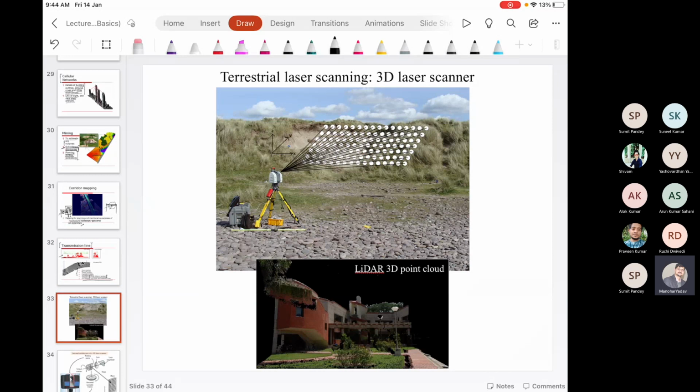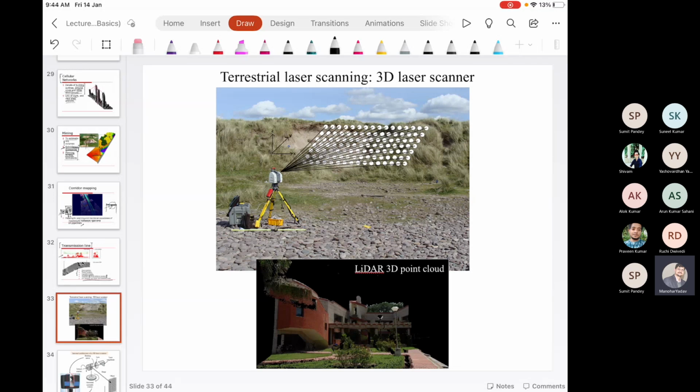Okay, so we have discussed a few of the applications where LiDAR system based 3D mapping assists in solving various challenges. Now we start our discussion with a general understanding of the LiDAR system, in particular terrestrial laser scanning.